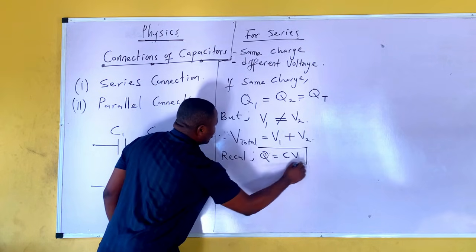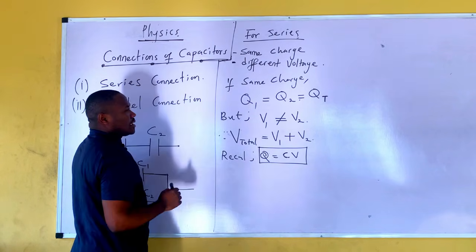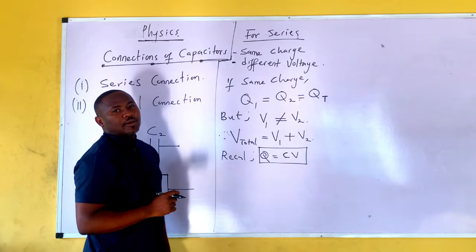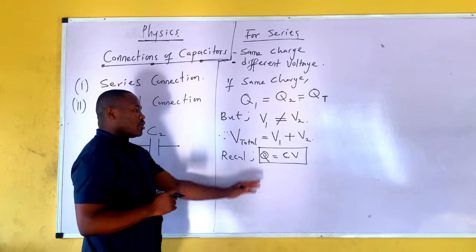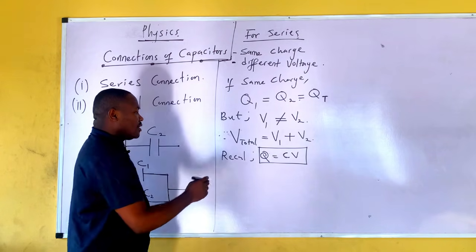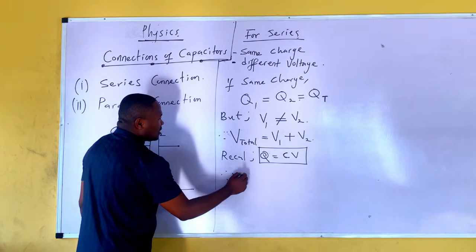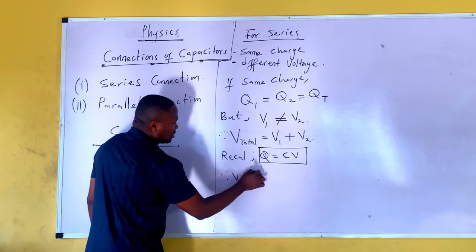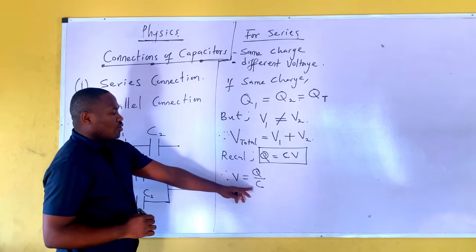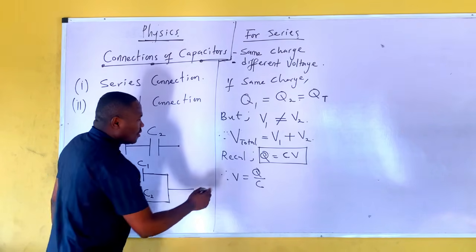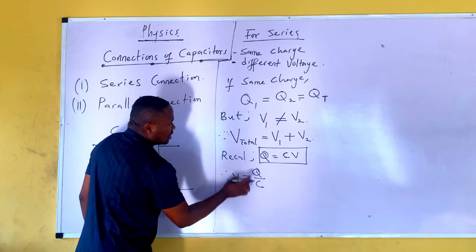This formula was used when we said the ability for the capacitor to store charge is called the capacitance of the capacitor. So Q equals CV. Therefore, V equals Q over C. That's charge over capacitance.